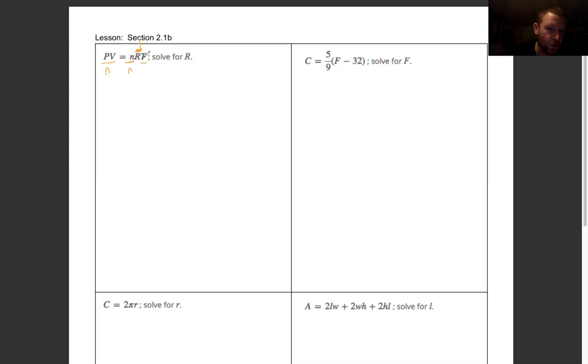This is also multiply by t, so I'm going to divide by t, divide by t. And so n's cross off on this side, t's cross off on this side. Is R by itself? Yeah. R is equal to PV divided by nT. That's it.